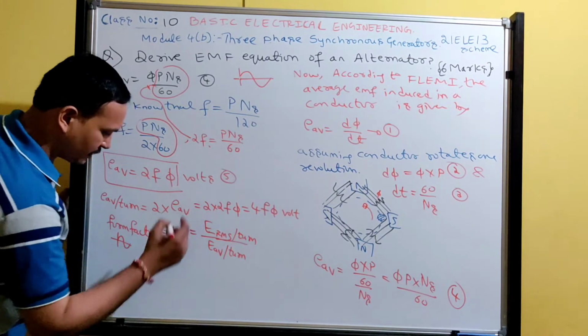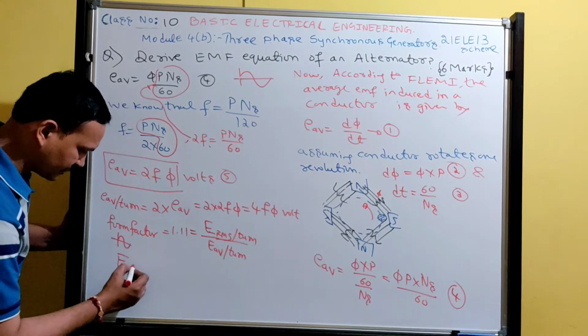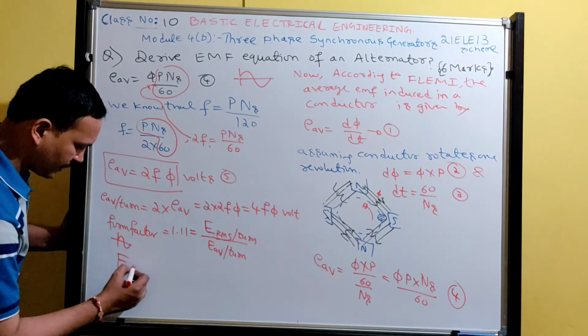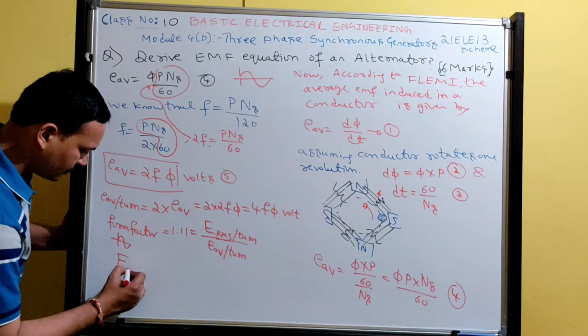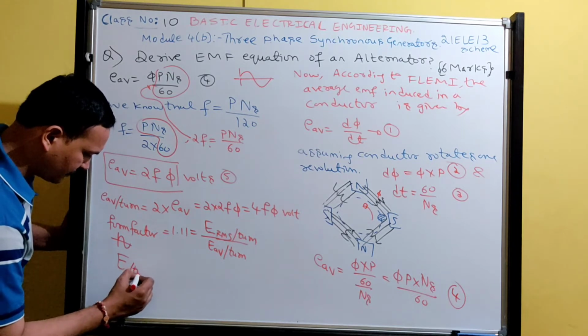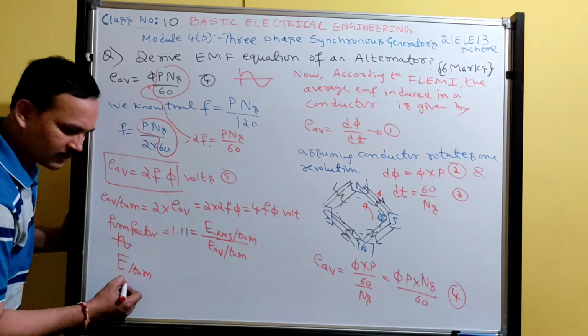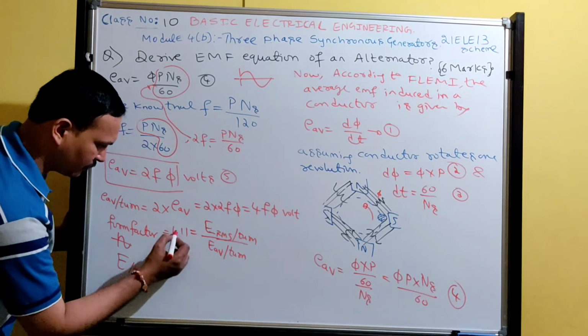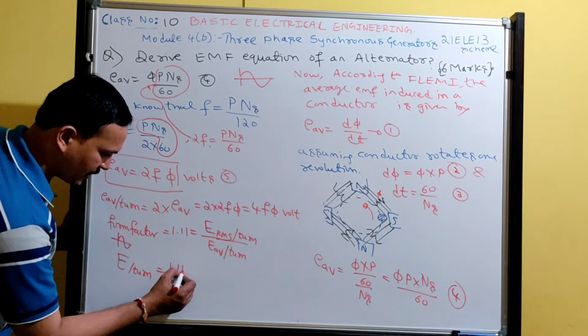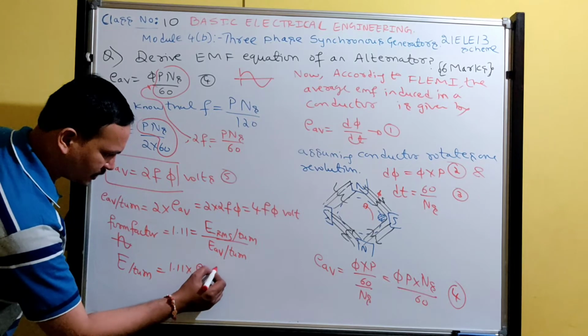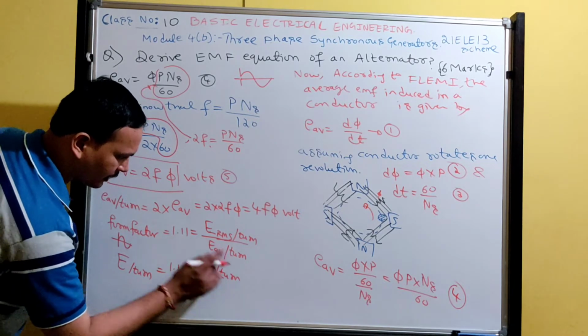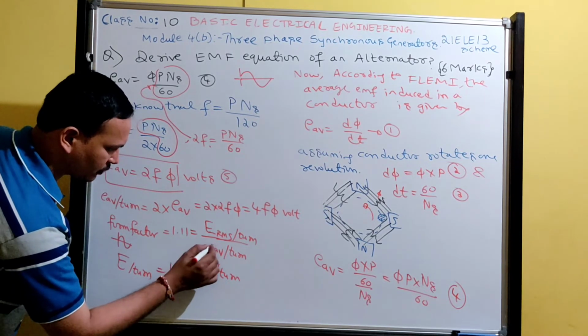It is not division. RMS voltage per turn is equal to 1.11 into average voltage per turn.